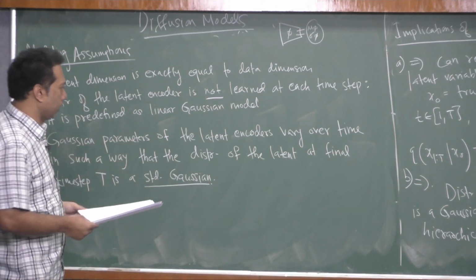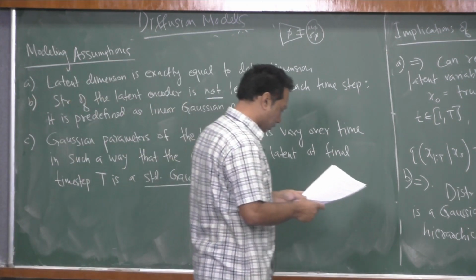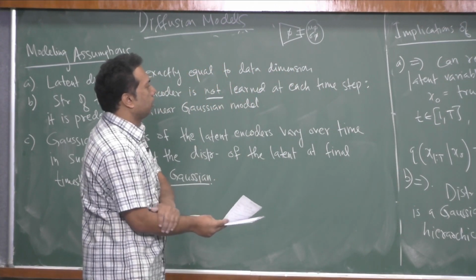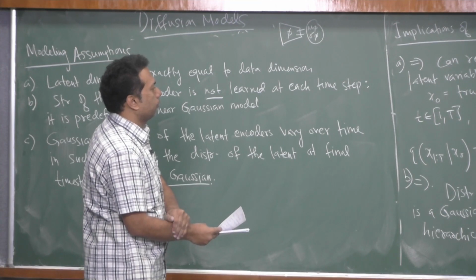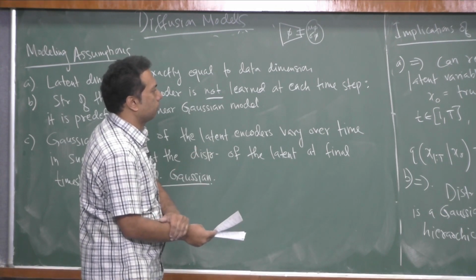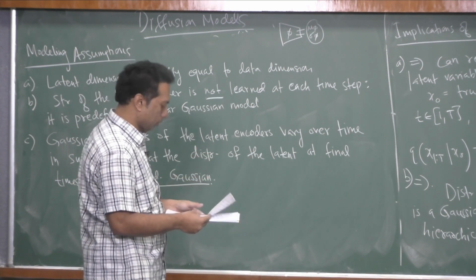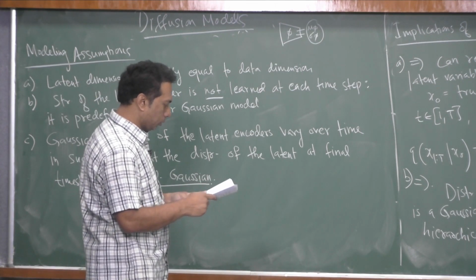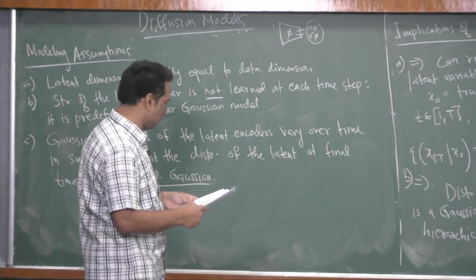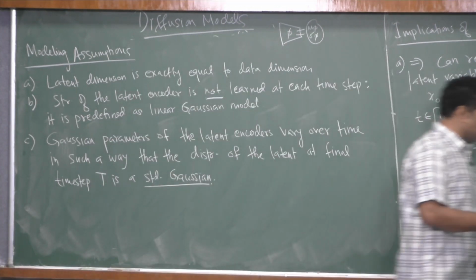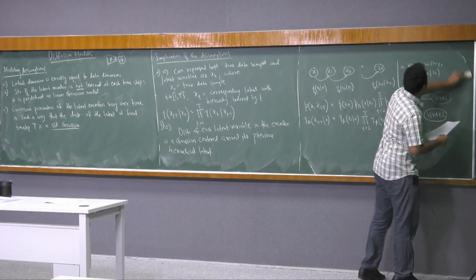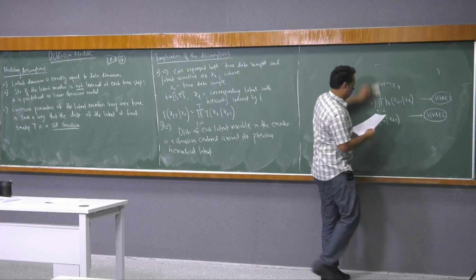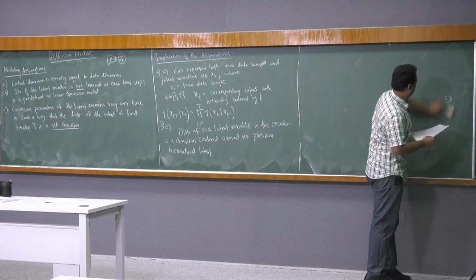When I go to the next one, this mean and variance basically we have to change to get to the new Gaussian. So I think it's good to precisely write down what it means. The mu at time t, we want to see how it's related to the previous hierarchy.